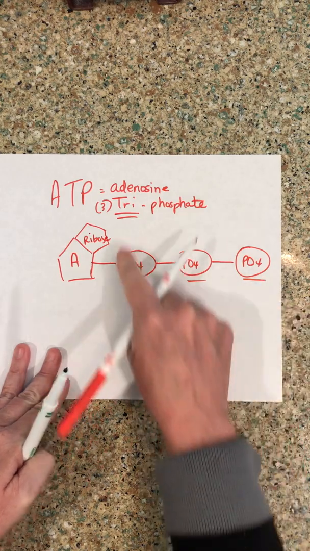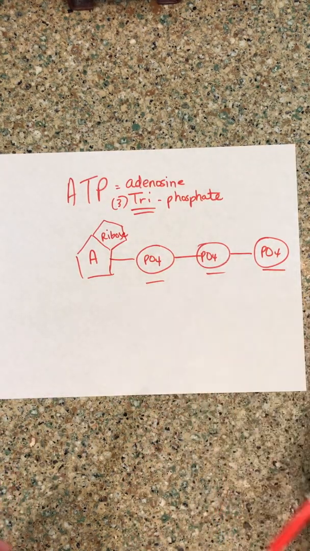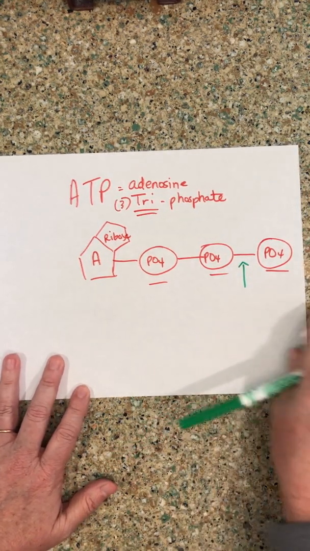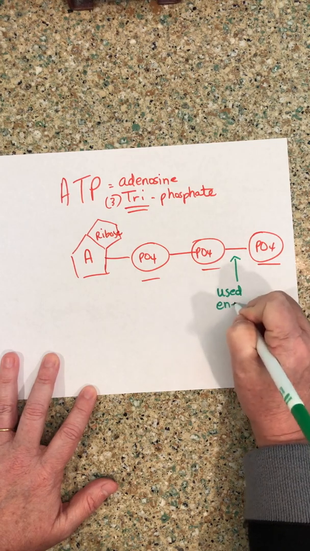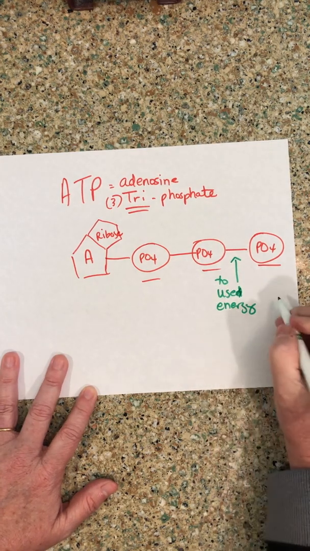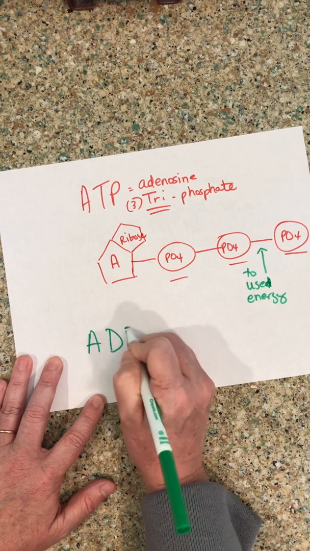1, 2, 3, triphosphate. And then when it starts getting low, what happens is this bond gets broken. So when it's used energy, you have to break the bond. So then all of a sudden ATP becomes ADP.